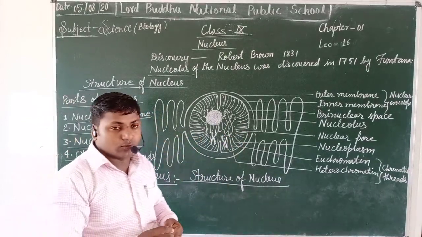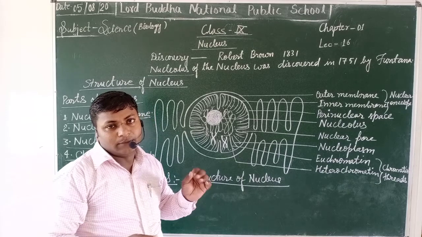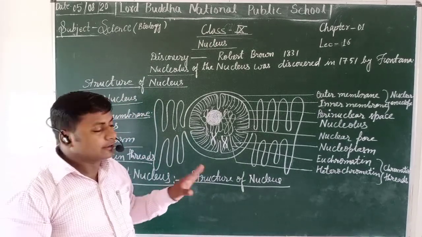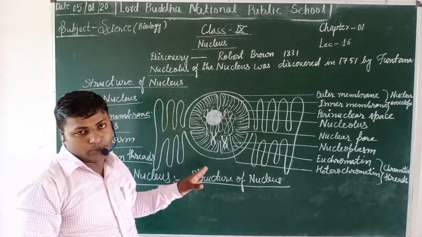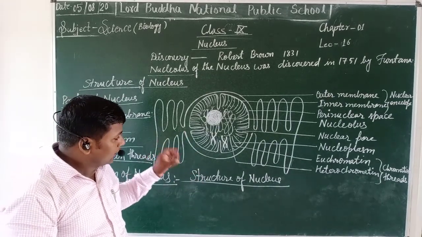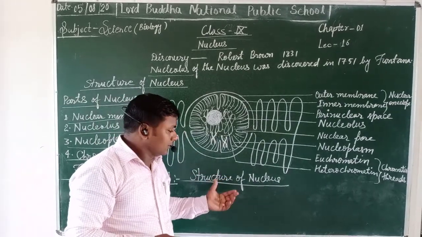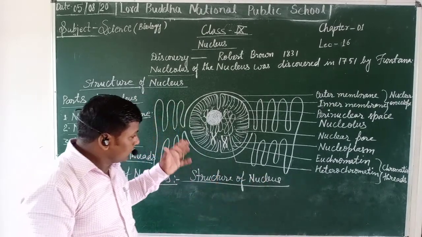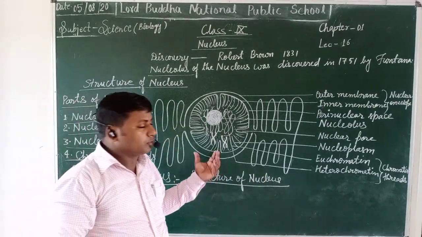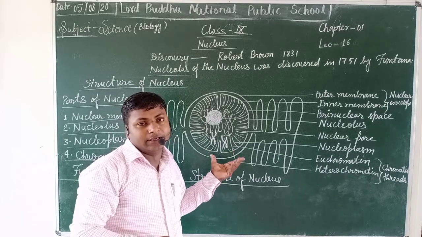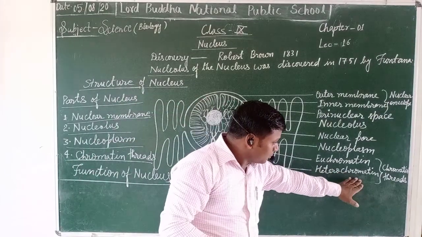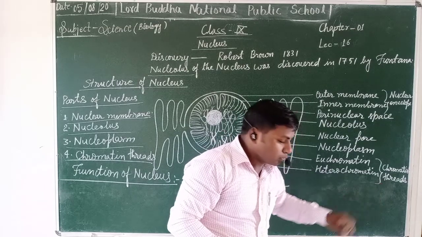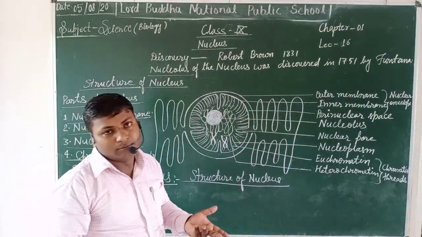It not only controls all kinds of metabolic and biochemical reactions inside the cell, but it also performs a very important function in genetics, because it contains genetic material, DNA and RNA, that is formed by the chromatin threads in the form of chromosomes.